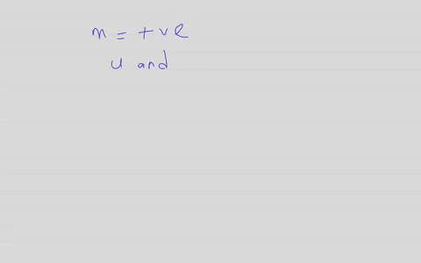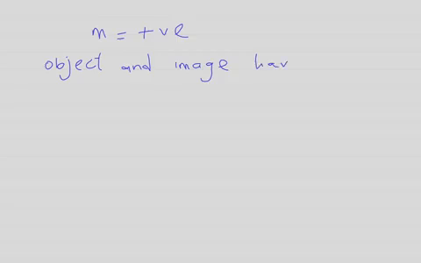Let me put it this way: M is positive when the object and image have the same orientation.